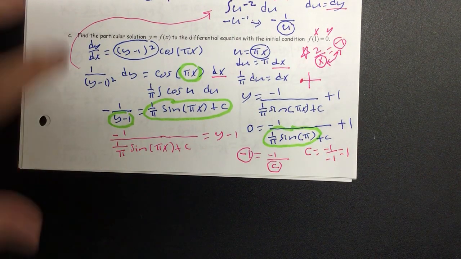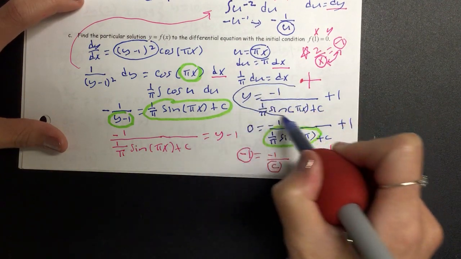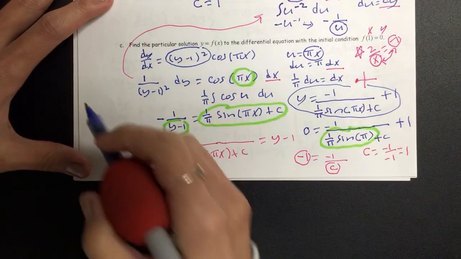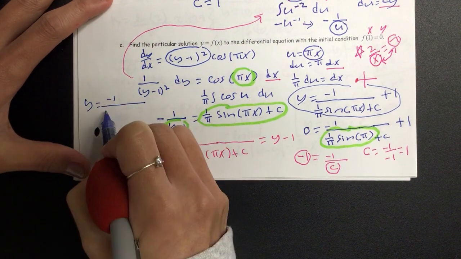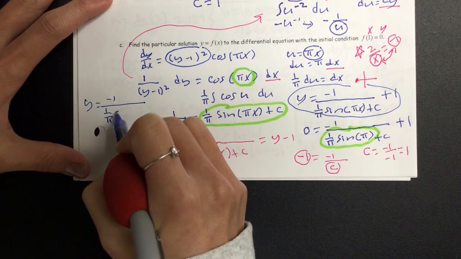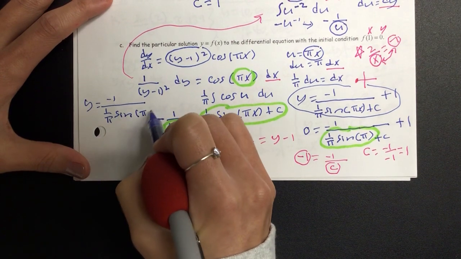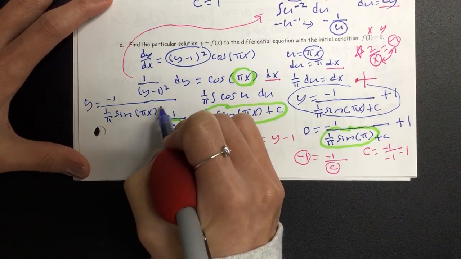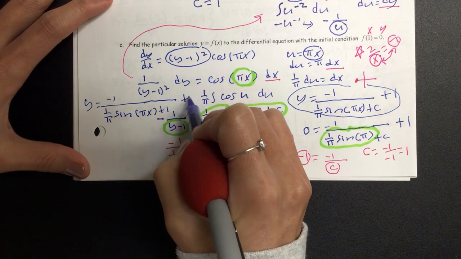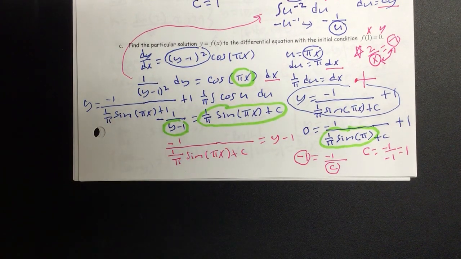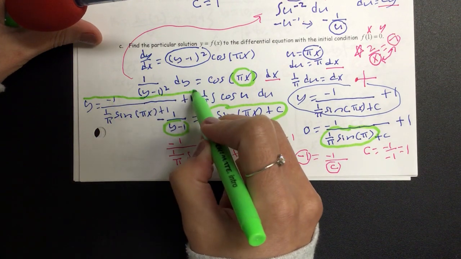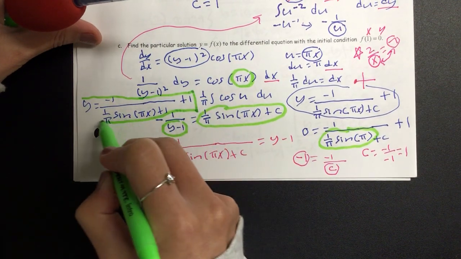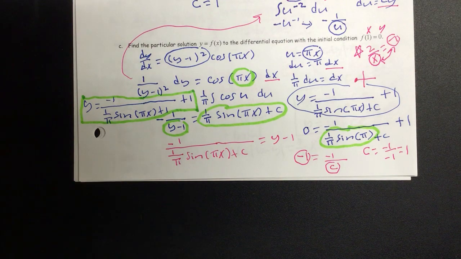So our final answer is y is equal to negative 1 all over (1 over pi sine of pi x, plus c), plus 1, and at the very end, plus 1. And let's see if I can highlight our final answer so y'all can see it. This is our particular solution.